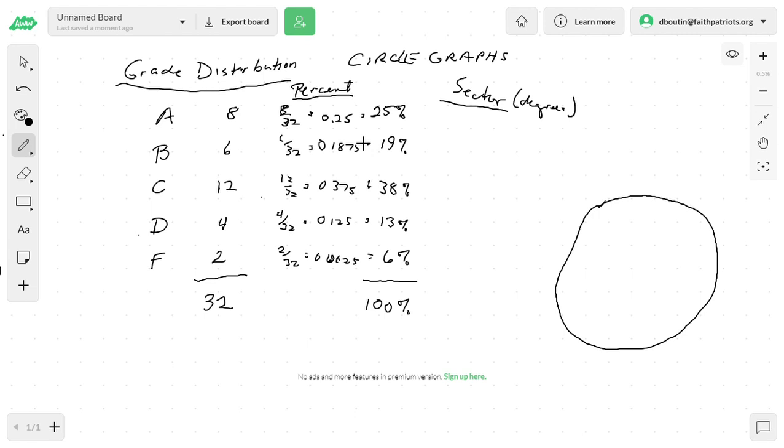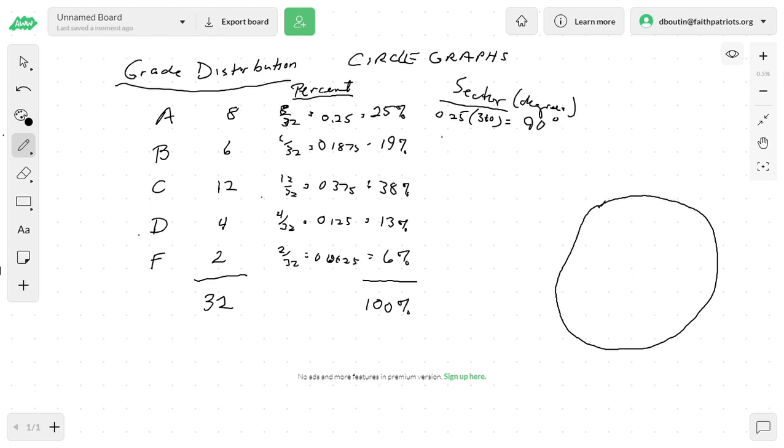The next task at hand is to determine what sector of the circle we should devote to each of these categories. So if the first sector was 25%, then 25% of 360 degrees, which would be the full circle, is 90 degrees.